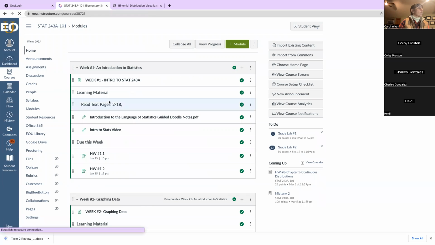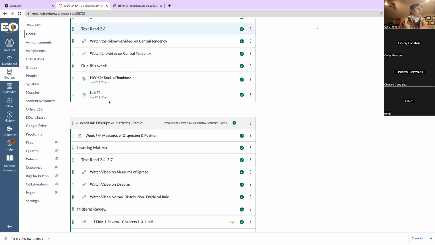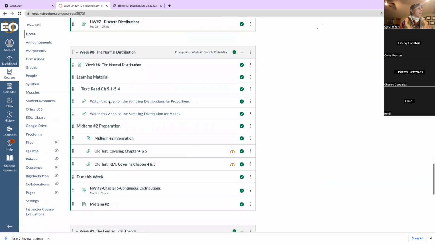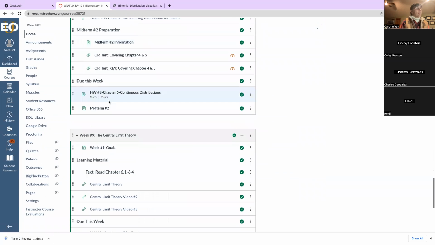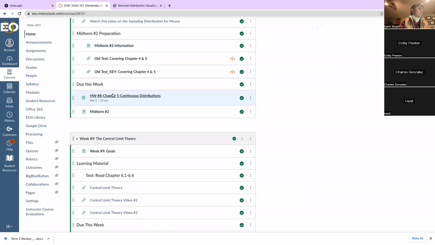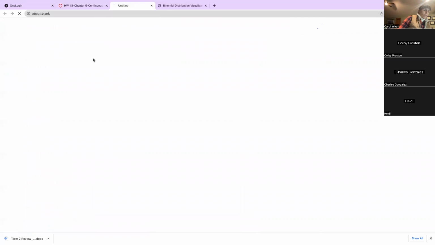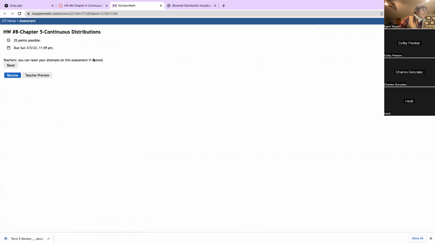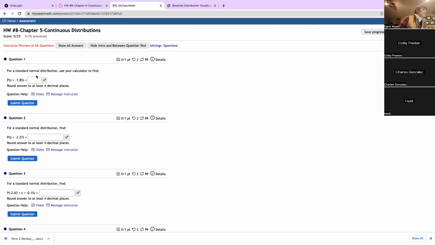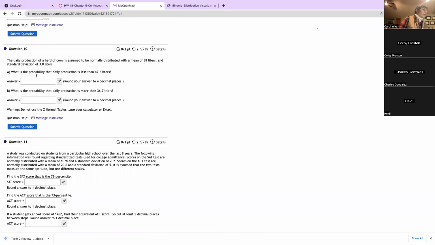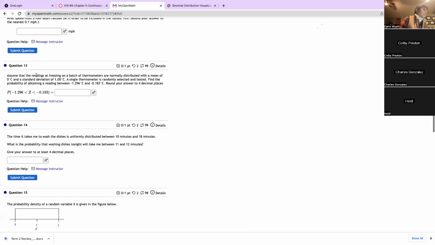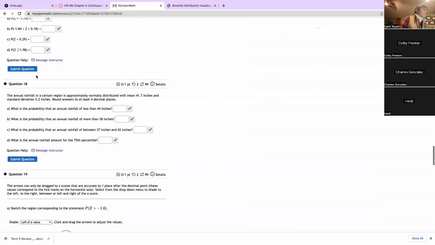Which of the homework examples is this? Homework number 8, okay, just double checking. Like for question 18, what is the annual rainfall for the 75th percentile?